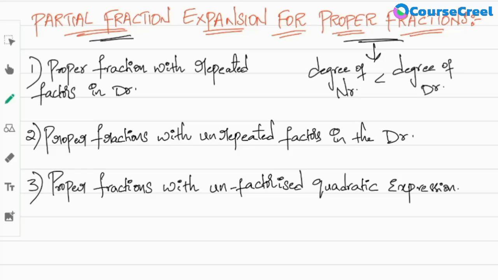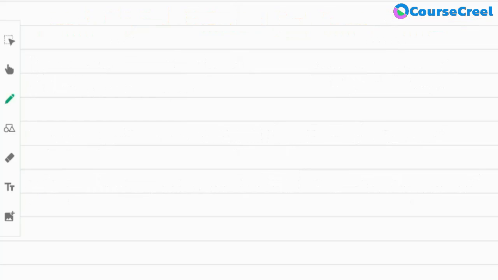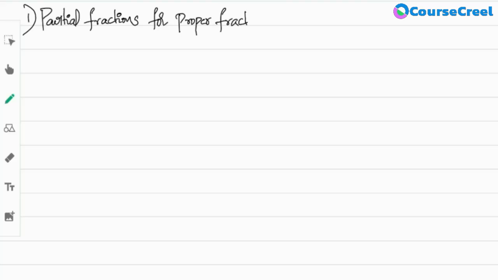Now we are going to see how to find the partial fractions for each case. Firstly, we will see how to obtain partial fractions for the given proper fraction with unrepeated factors in the denominator.